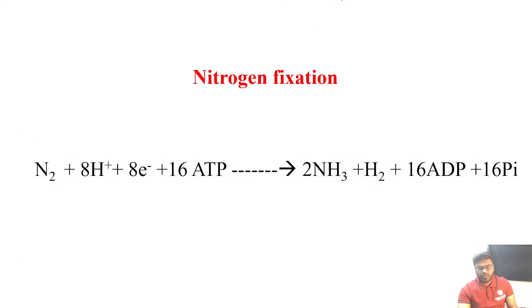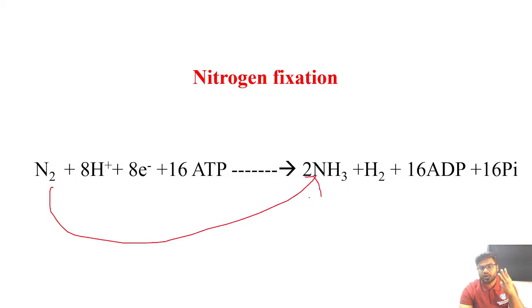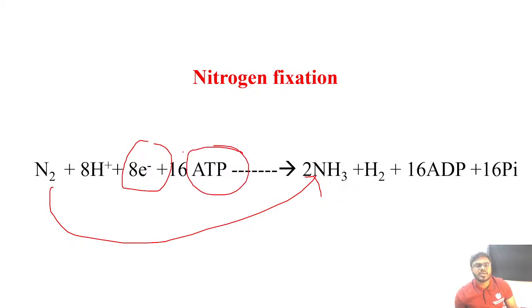Finally we understood that nitrogen can be converted into NH3 in a total of 3 steps. In this we use 4 pairs of electrons, that is a total of 8 electrons, and we spend 16 molecules of ATP.